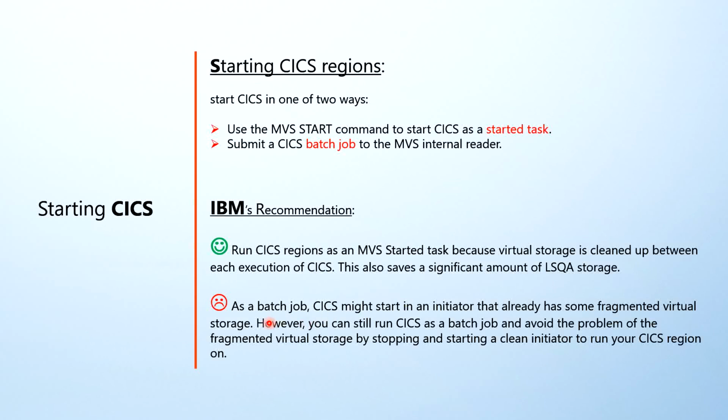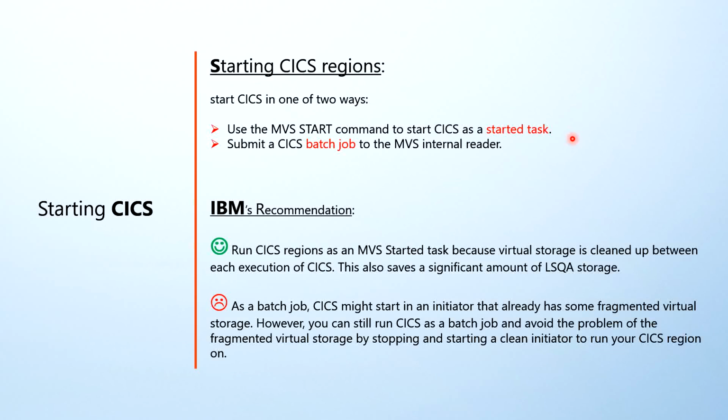Whereas if you bring it up as a batch job, there are chances that the initiator your batch job uses might already have some fragmented virtual storage, and that can create some issues in the long run. There are a few customers who still choose to run CICS as a batch job, and during a weekend or so they recycle, or stop and start, the initiators so that this storage fragmentation issue will be avoided. But there is not much difference apart from this minor consideration.